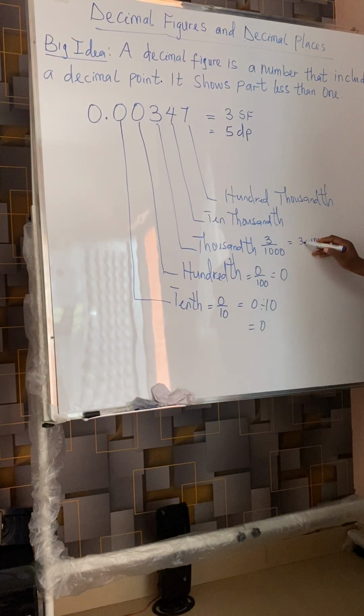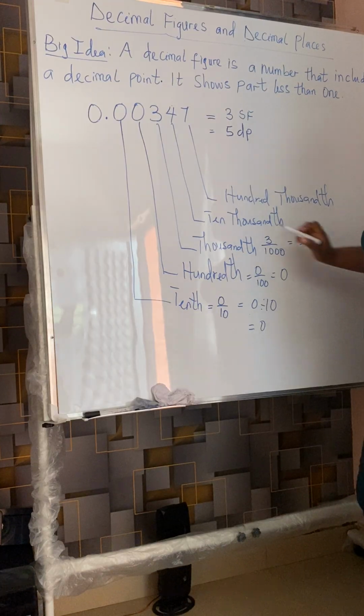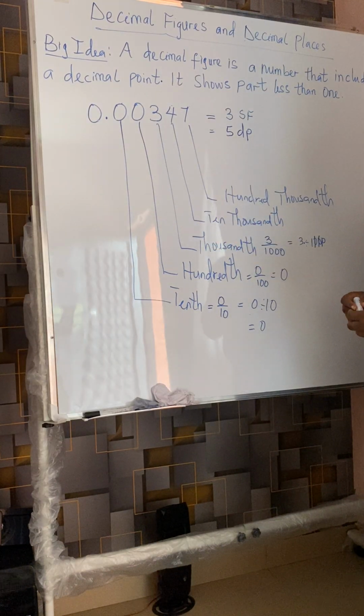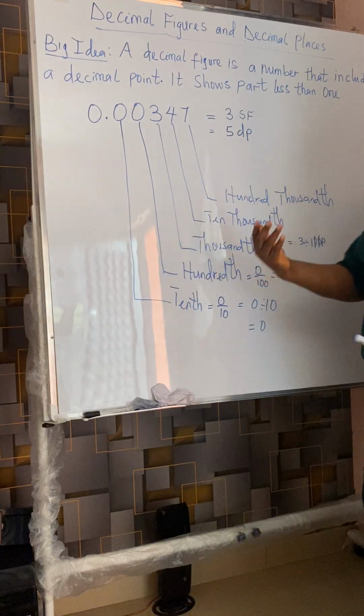Remember, this 3 standing here, because you're not seeing any decimal point with it, we assume there's an invisible decimal point here. So we use these 3 zeros to move this decimal point 3 steps. Please, I beg your pardon, this is a backward move and this is a forward move.